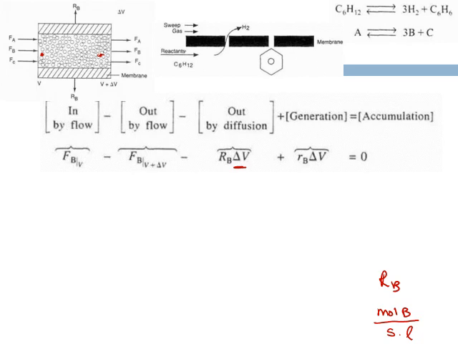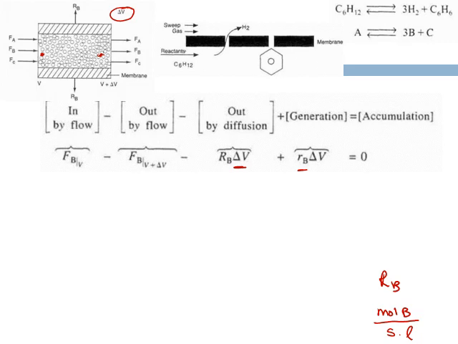However, we'll tell them, remember, we're doing a balance on a delta V. We have a differential volume, and this differential volume is so small that the concentration of B here is the same as the concentration of B here, right? Same thing with A and C as well. The concentration of A here is the same as the concentration of A here. So therefore, the rate of reaction is also the same everywhere. Not only is RB the same everywhere, but also the rate of reaction. So simply we multiply it by delta V.